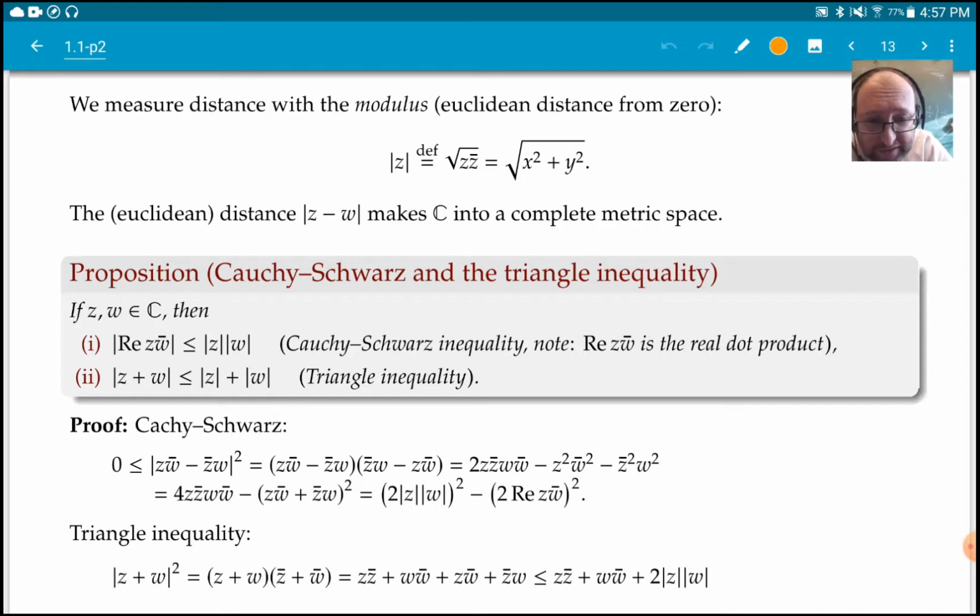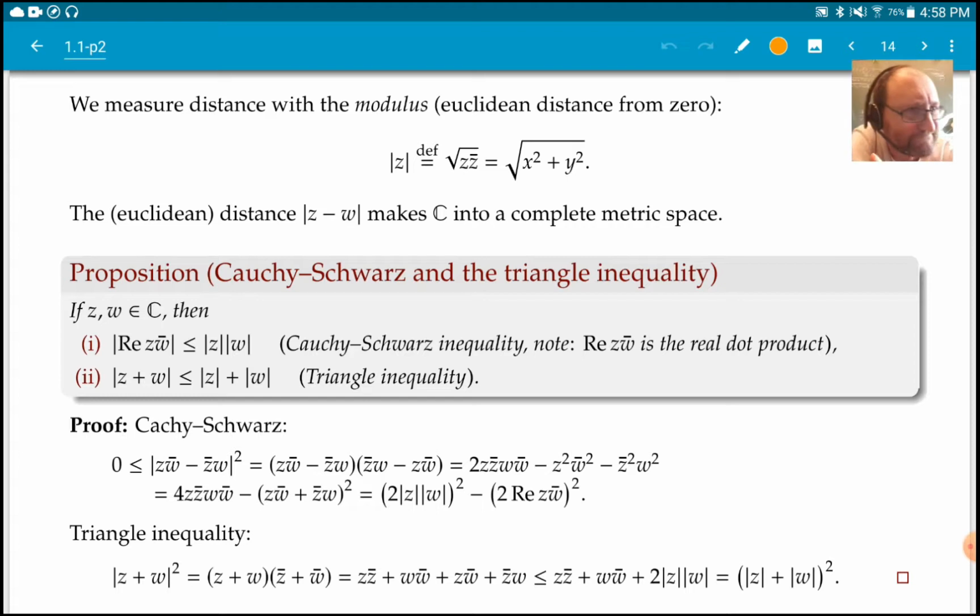We look at this bit over here, and just like what happened from here to here, this is something plus the bar of that something, which is twice the real part of that something. And so I bound it from above using Cauchy-Schwarz, and I leave these guys as they were.